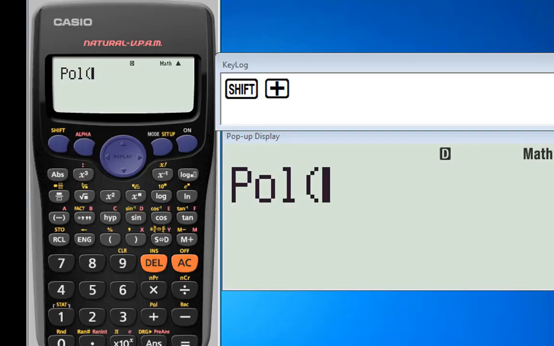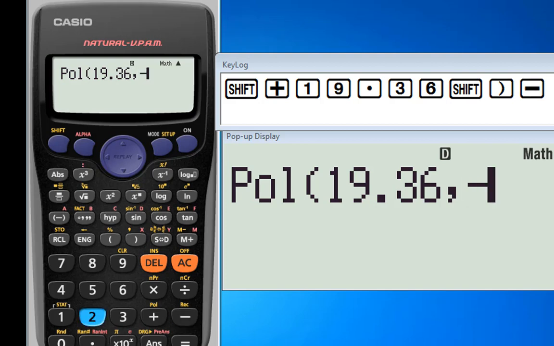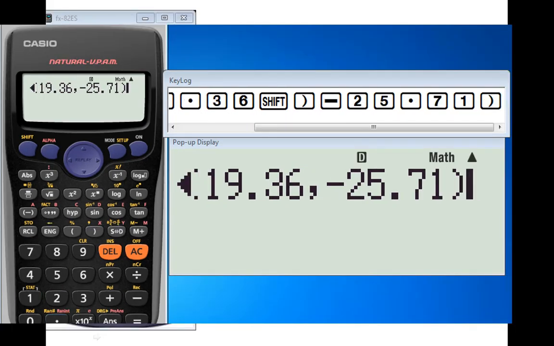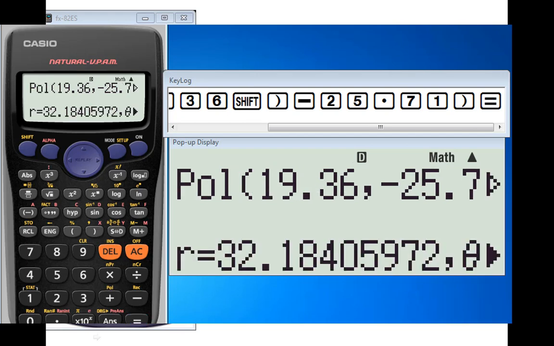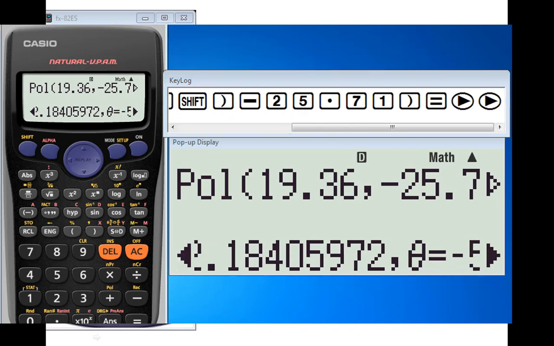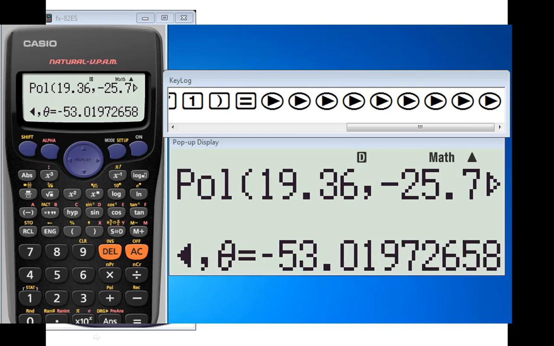Shift Pol, 19.36, shift close bracket to get the comma, minus 25.71, close bracket, equals. We see on the display it shows 32.18 and so on, and it starts to show the theta value. You have to press the button to the right so that you can then see what is missing on the display.